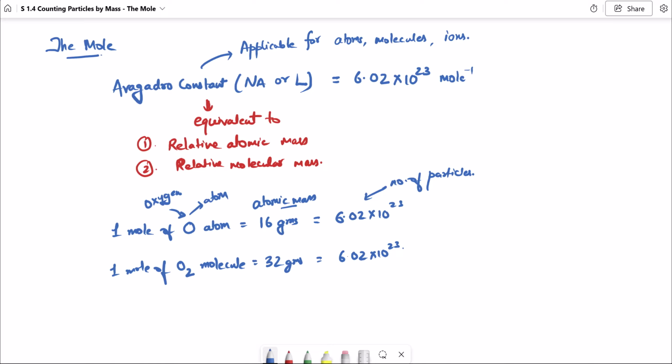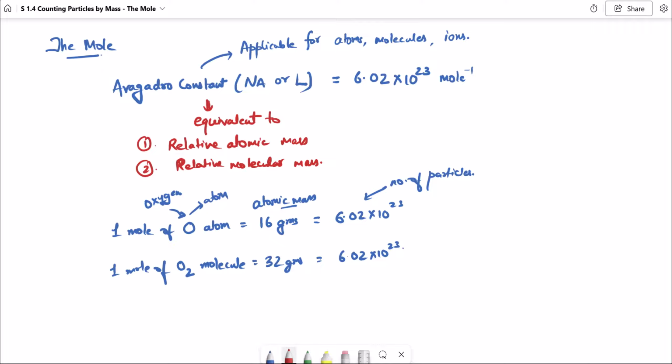So 1 mole of substance contains the same number of fundamental units as there are atoms in exactly 12 grams of carbon.